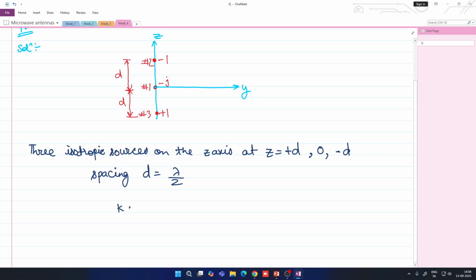So kd will be equal to, k is 2 pi by lambda.